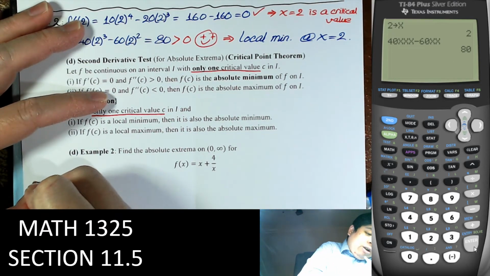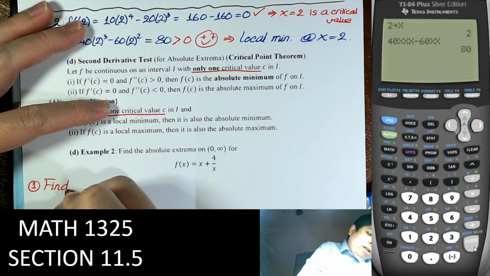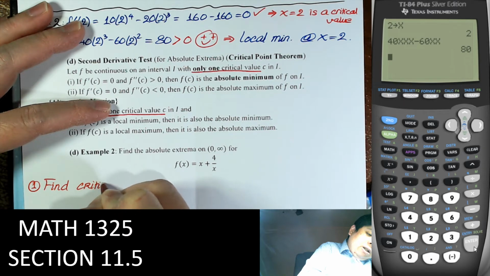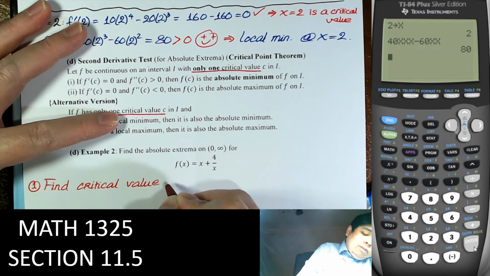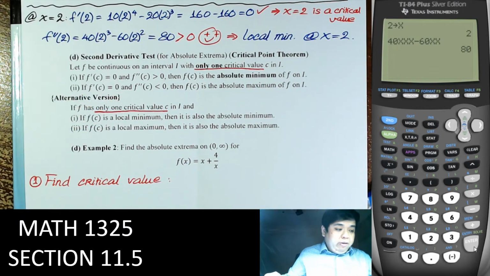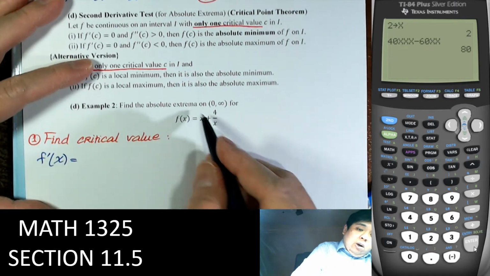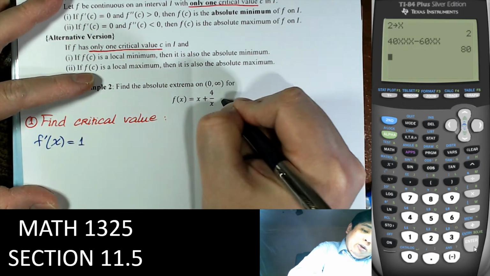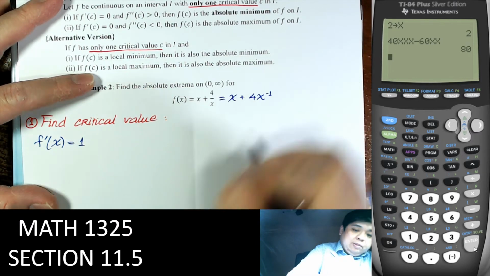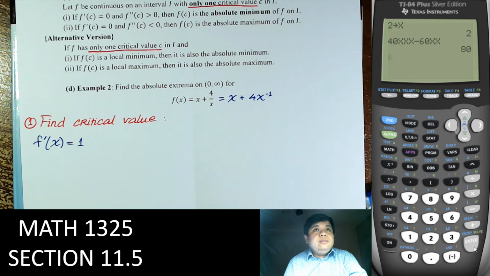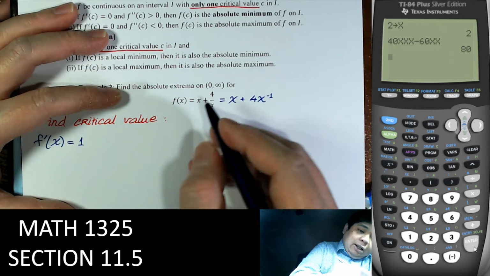Right, but regardless, we still need to find critical values. So we take the derivative, which is 1. By the way, I can rewrite this as x plus 4x to the negative 1. Derivative of x is 1.